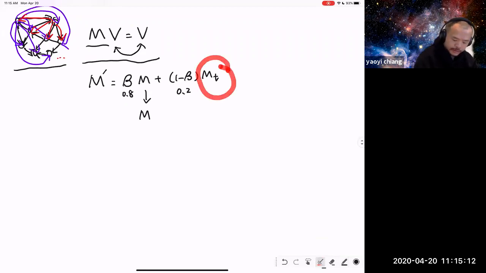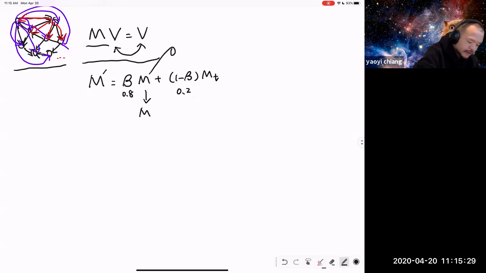So what is your teleporting matrix? The teleporting matrix is a very simple matrix. It will have the same dimension as your transition matrix. So for example, let's say this one is n by n, assuming you have n nodes. This one will be what?